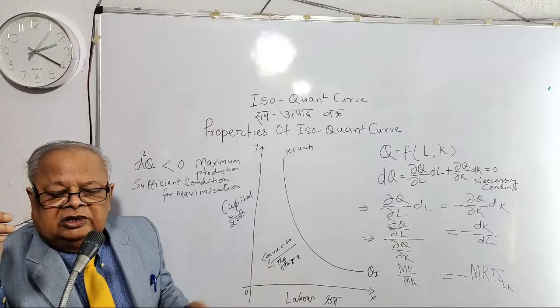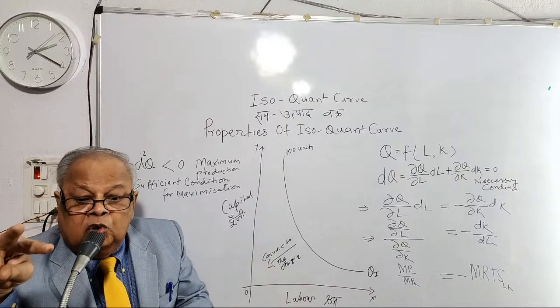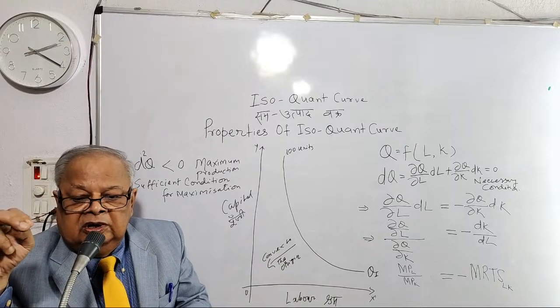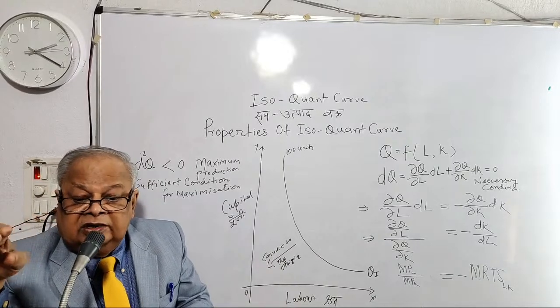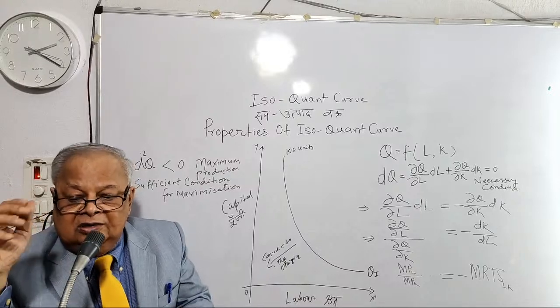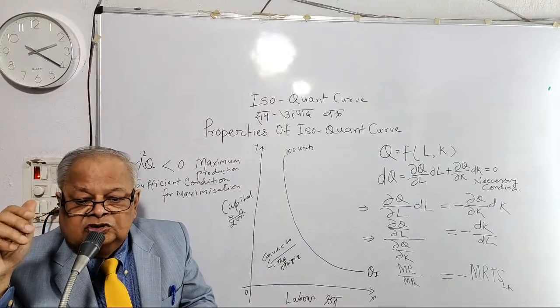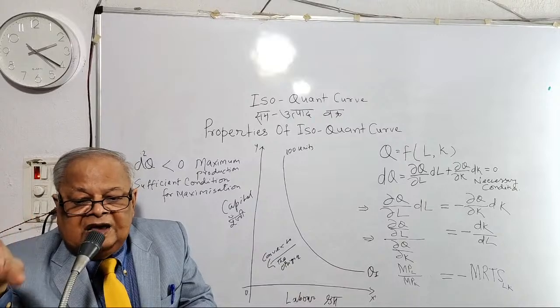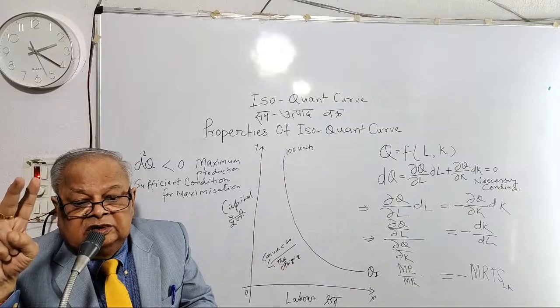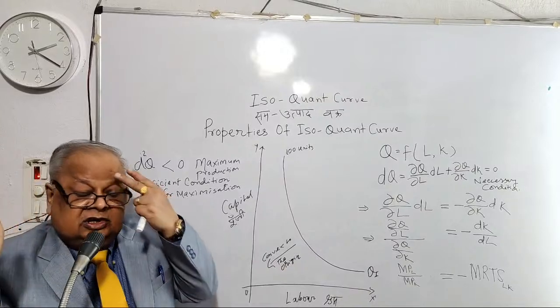And fourth, two isoquants must not intersect, so they go parallel. And last, two isoquants can never intersect, otherwise it will lead to an absurd conclusion.